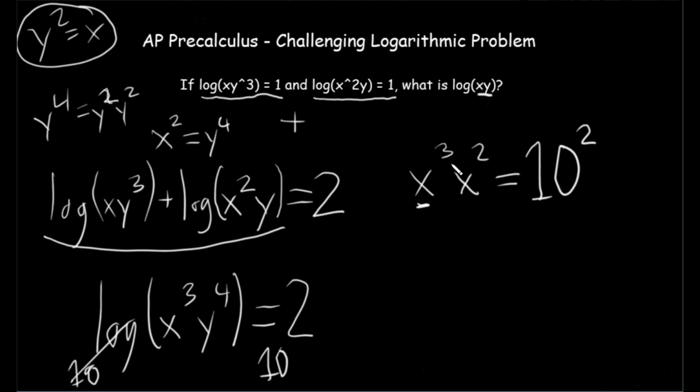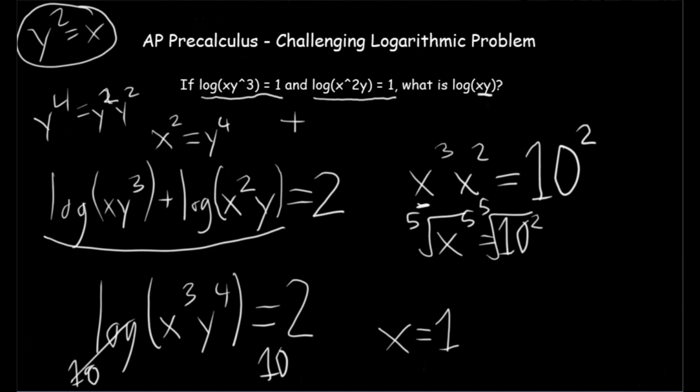X squared, you multiply these two together, get x to the 5th equals 10 squared. And then what you can do here is take the 5th root on both sides, which cancels out here, and you will find that x equals 10 to the 2/5 power. Or in other words, the 5th root of 10 squared.